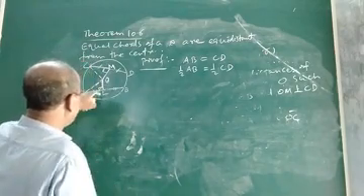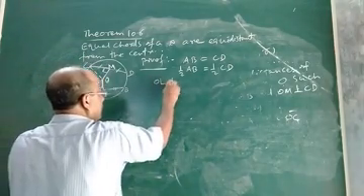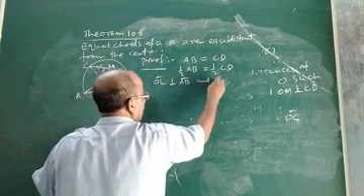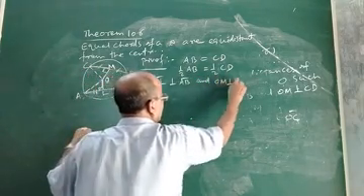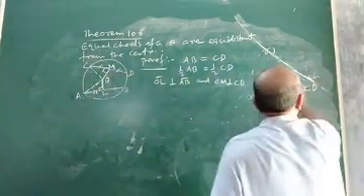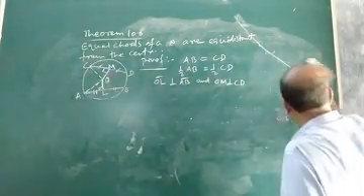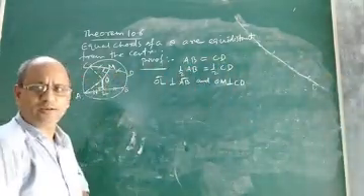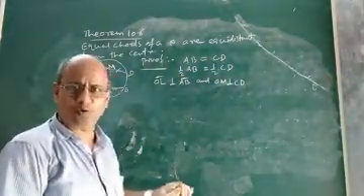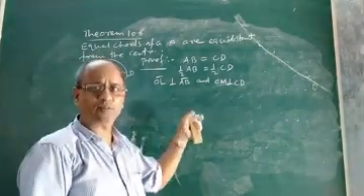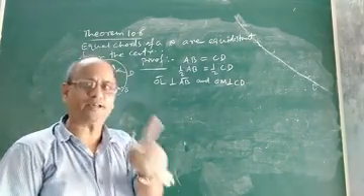Then we are given OL perpendicular to AB, and OM perpendicular to CD. Now children, in theorem 10.3 we proved that the perpendicular drawn from the center of a circle to any chord always bisects the chord.